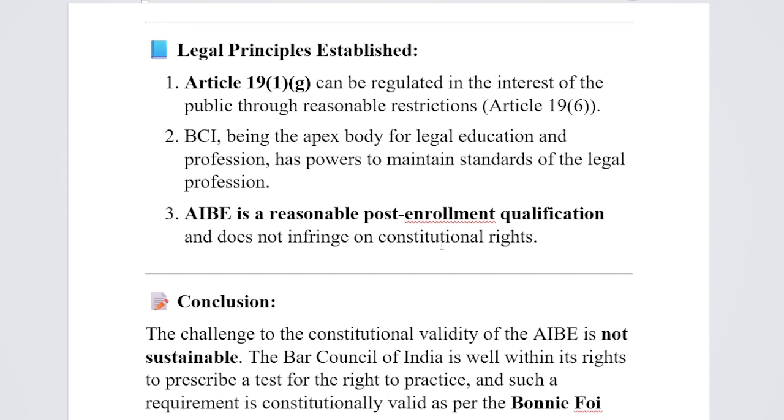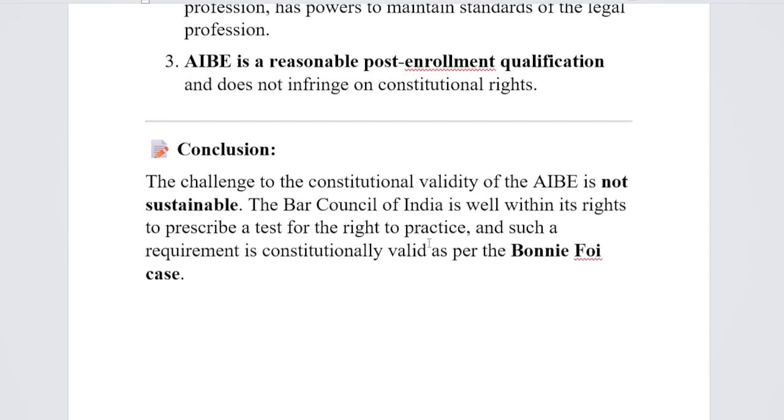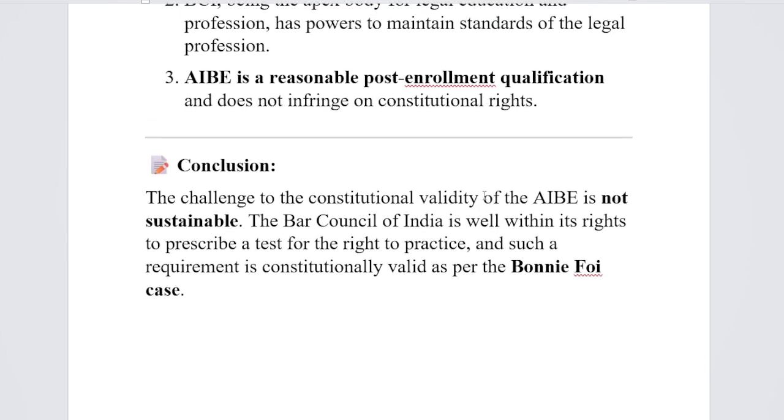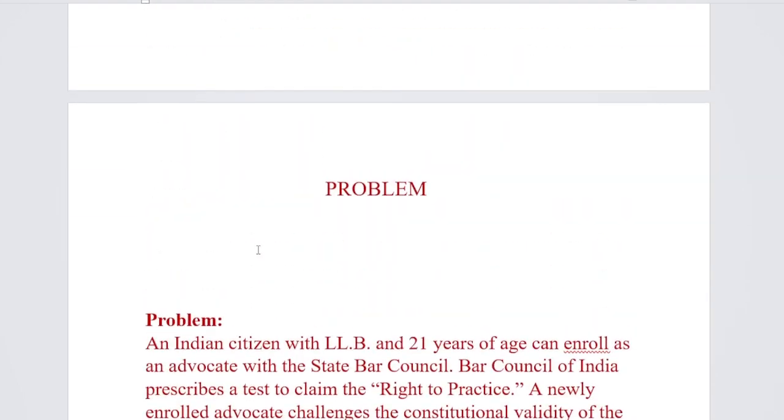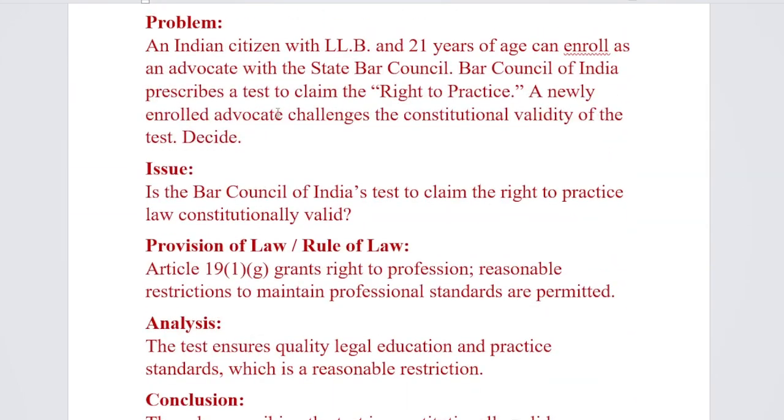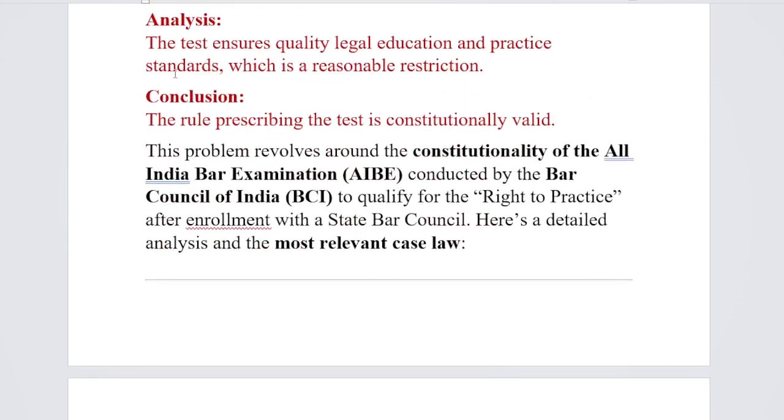Here, the conclusion is that the challenge to the constitutional validity of the AIBE is not sustainable. This aspect you have to write in your answer. That means you follow these steps: what is the issue, what is the provision of law, what is the analysis, and ultimately what should be the conclusion.